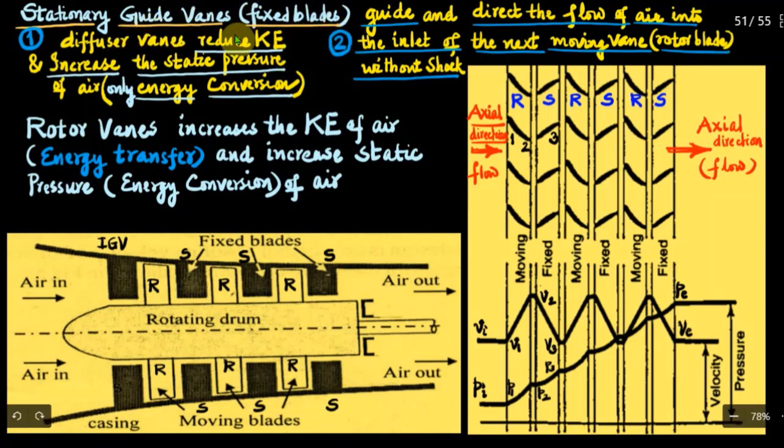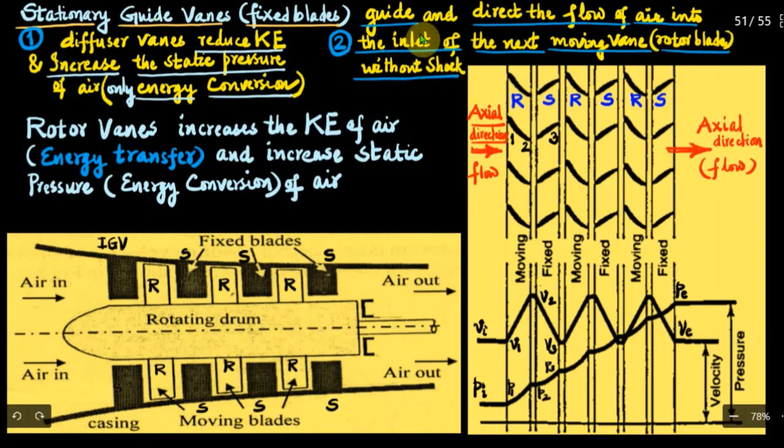Stationary guide vanes means what? They are stator vanes. And their role is to guide and direct the flow of air into the inlet of the next moving vane or rotor blades without shock.